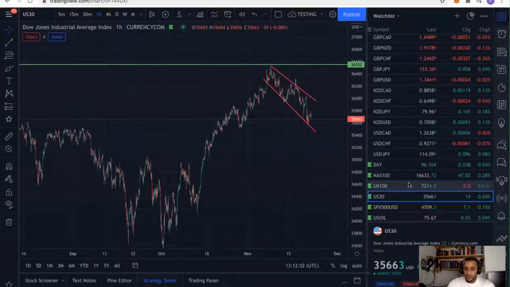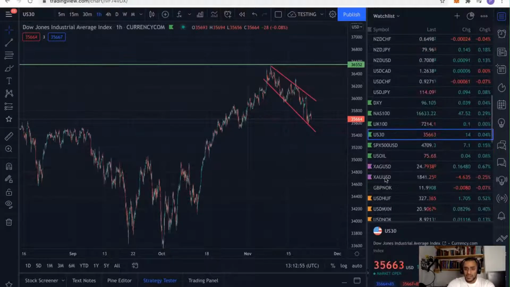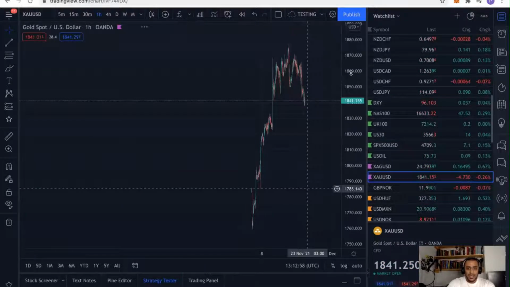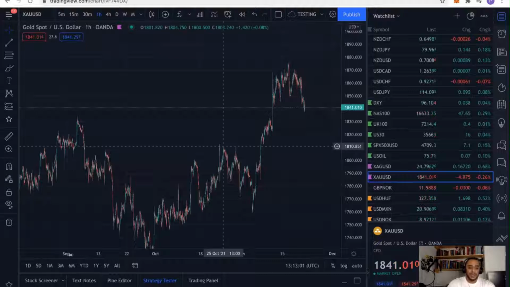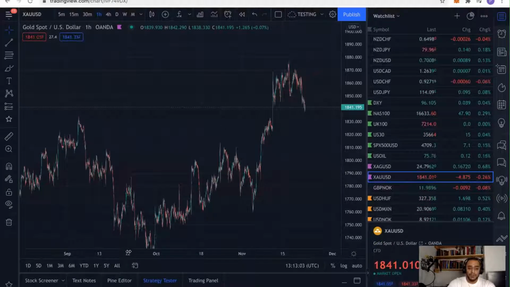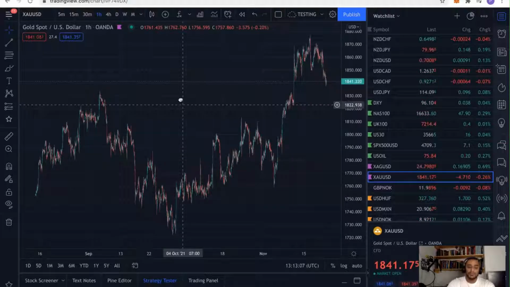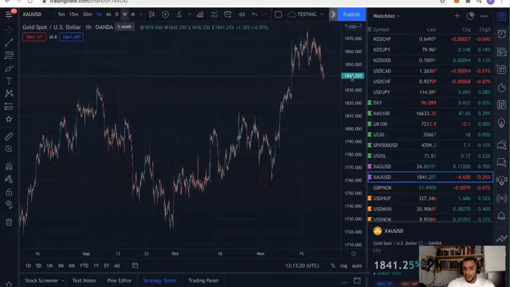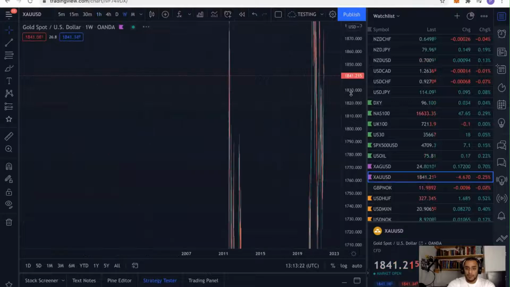We're also going to have a quick look at gold, which is XAUUSD. Gold is a commodity that's been around for a very long time, and we all understand it's a scarce metal, which means there's only a certain limit of gold in this world. That obviously makes the price of gold go up. On an overall trend, gold has been moving up for a very long time.